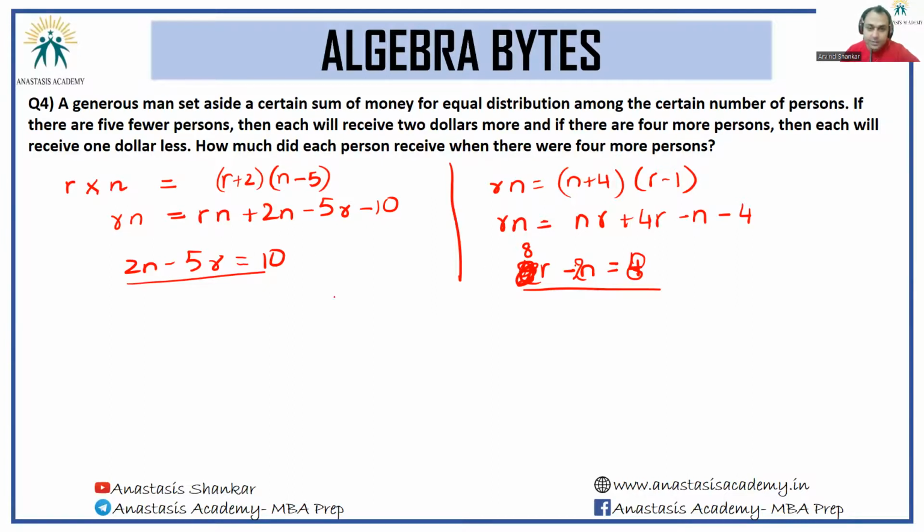If I simply add these two up, I would get 3R is equal to 18, or R is equal to 6. The amount that everybody was receiving in the original situation was 6. But the final question was, how much did each person receive when there were 4 more persons? When there were 4 more persons, each received R minus 1, or they received $5 each.